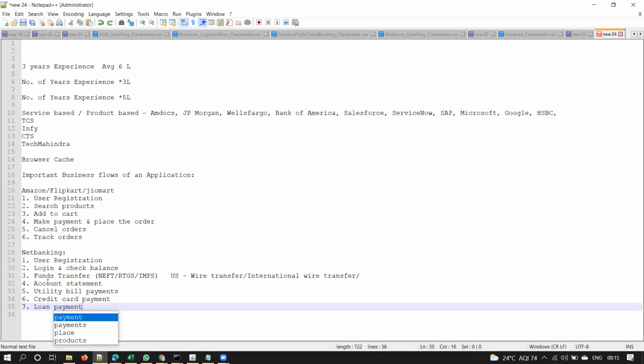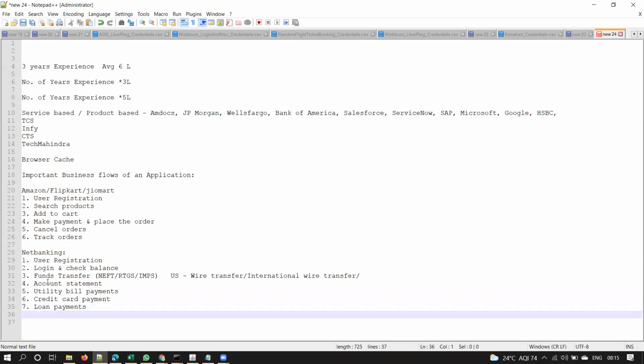Loan payments. No one said loan payment. Okay, loan payments, and what else? Offers. Check offers.